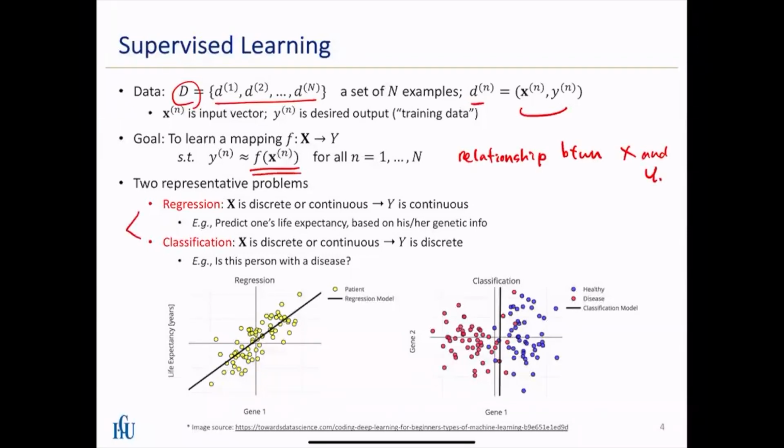The two types of problem, regression and classification, are distinguished by the type of the output. When the output is a continuous value, we call that a regression. When the output is a discrete value, we call that problem a classification.